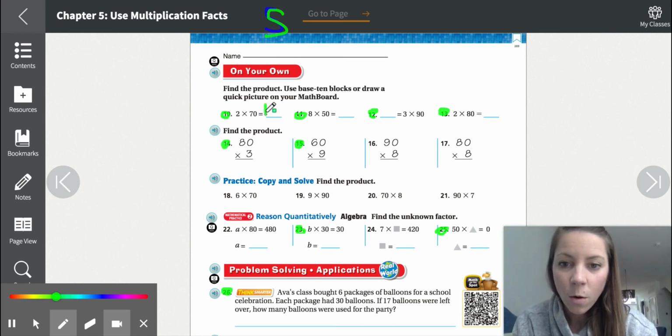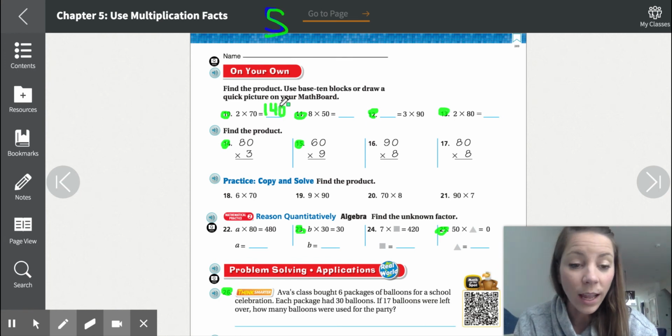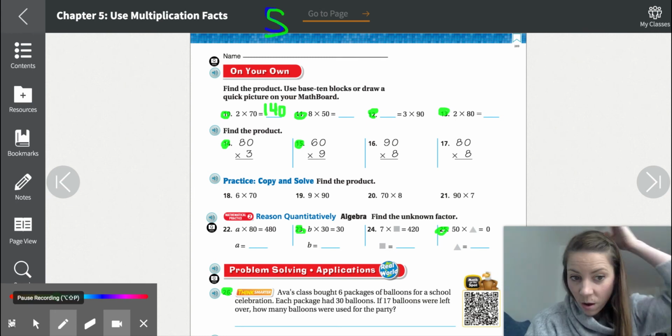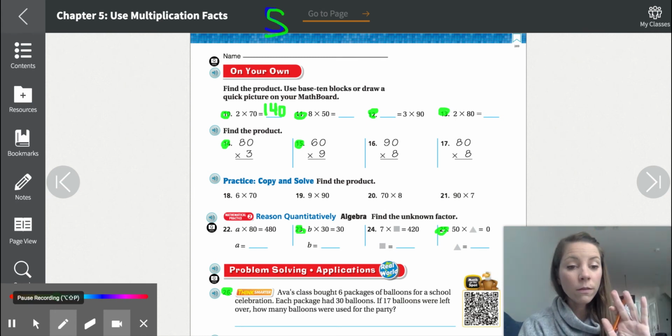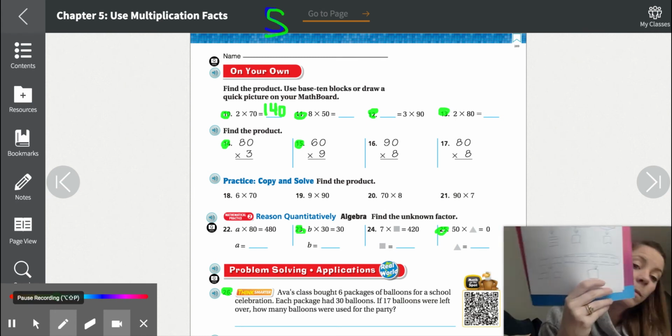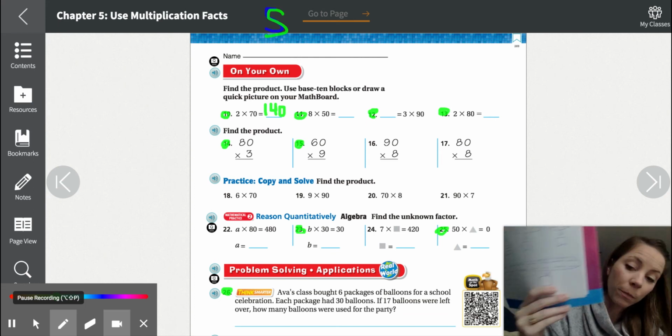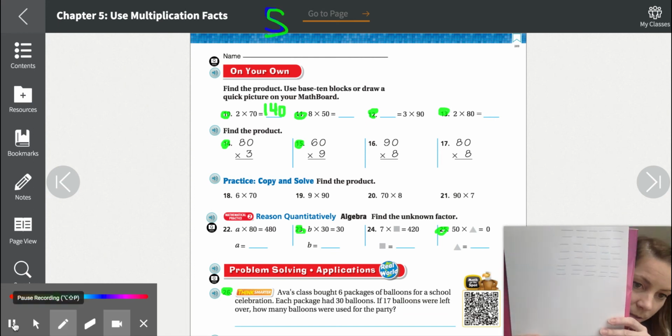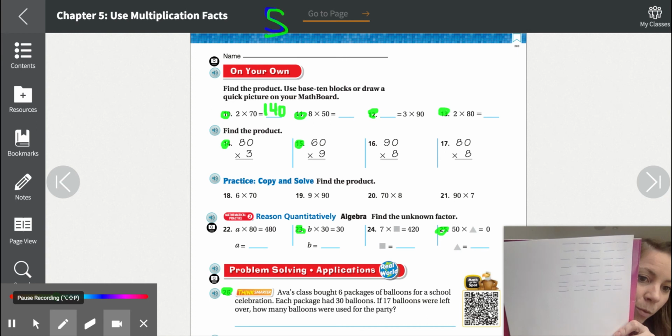So now I'm going to do that again for the next one. 8 times 50, 8 rows of 50. If you did not draw all of these like the directions said, pause your video now, go back and draw all of them just like I drew this one. Okay, so here's my 8 rows of 50.